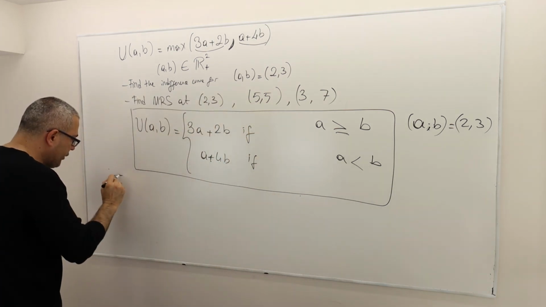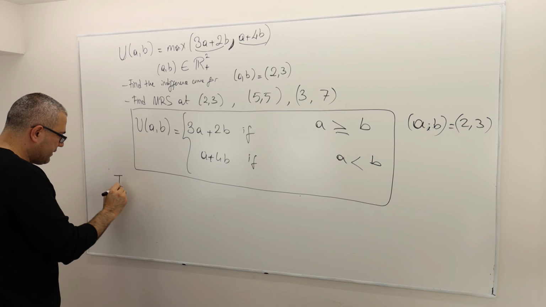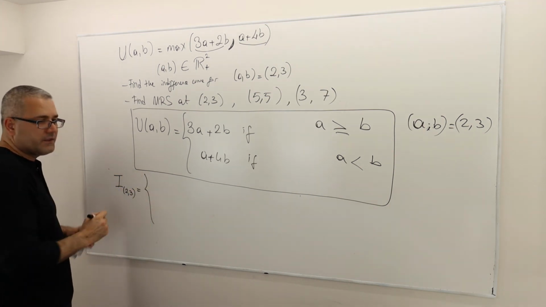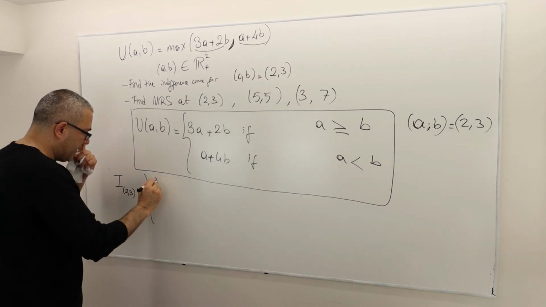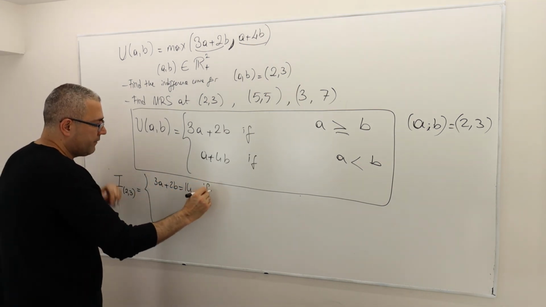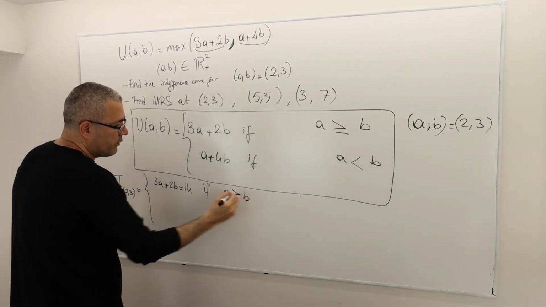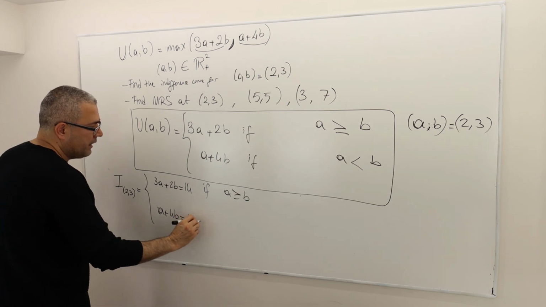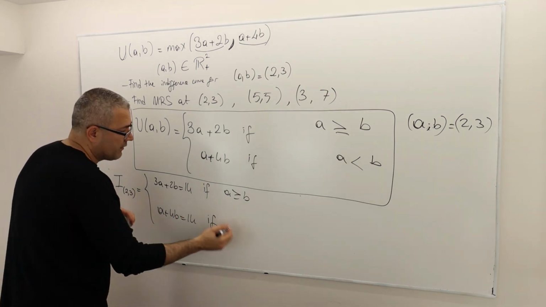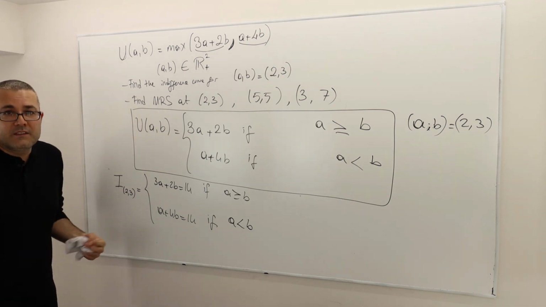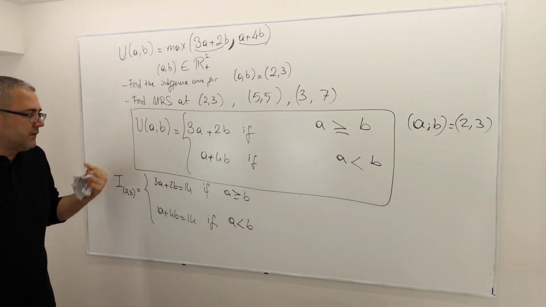The indifference curve of the point (2, 3) is equal to this, guys. 3a plus 2b equals 14 if a is greater than or equal to b, and a plus 4b equals 14 otherwise, or just a is strictly less than b. All right, that's it. As simple as this.